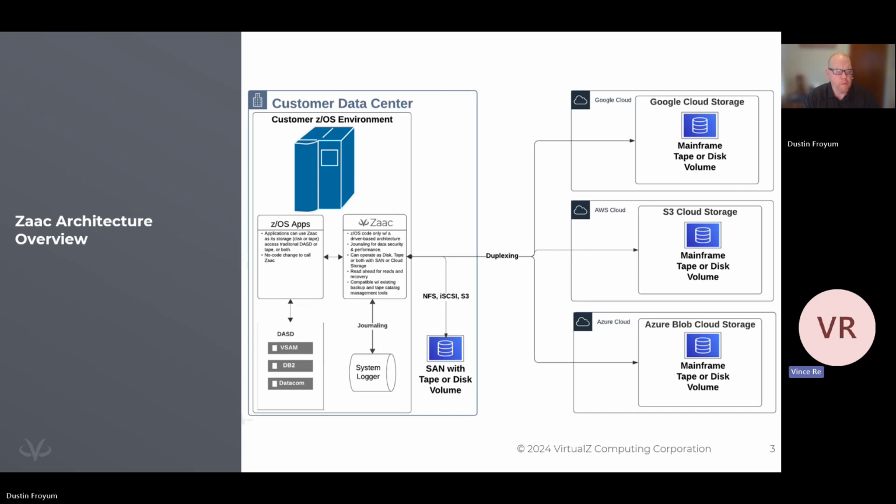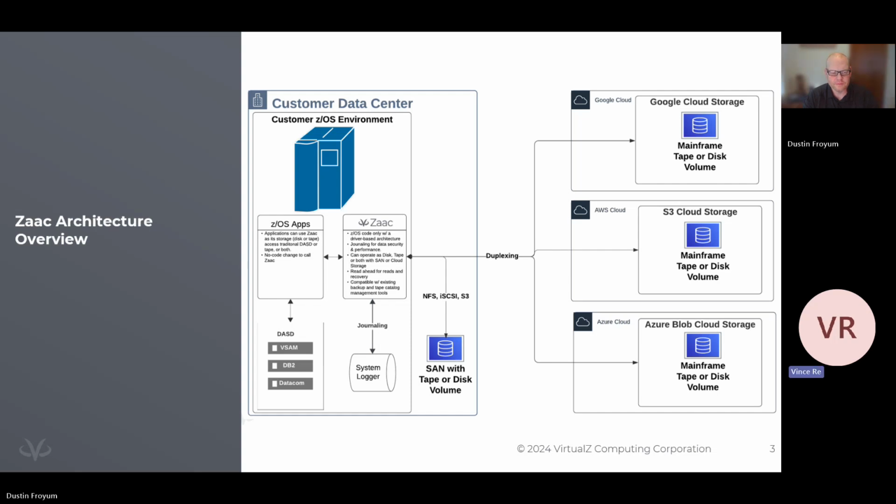And by the way, I'm sorry, slap me if I'm rambling too much, but one of the other cool things about the way we've structured Zaac is all of the things that I'm talking about can coexist in parallel.